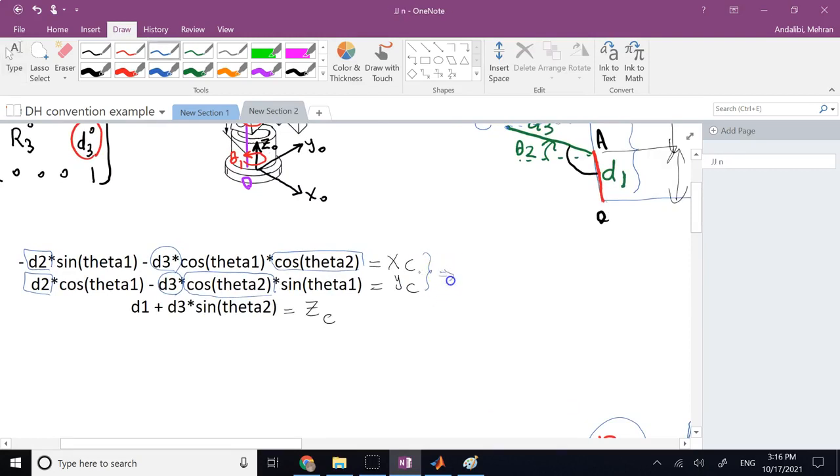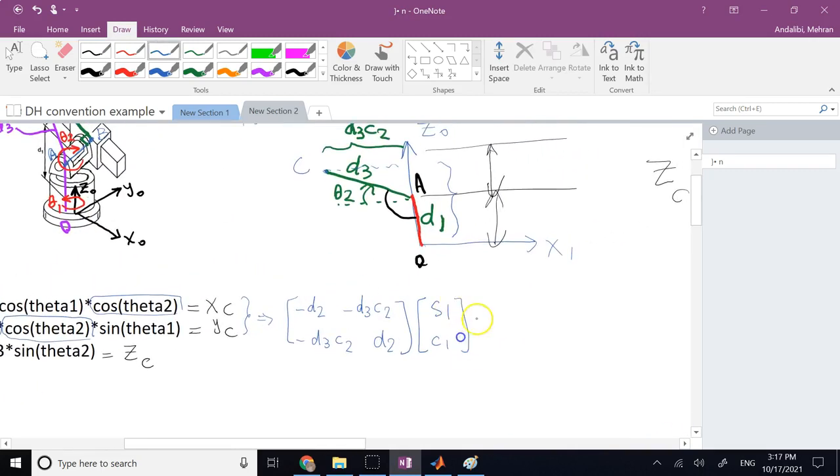If I rearrange these equations in terms of sine theta 1 and cosine theta 1, you clearly see I will have negative d2, negative d3 cosine theta 2, negative d3 cosine theta 2, and positive d2, times sine 1 and cosine 1, equal to x of c and y of c.